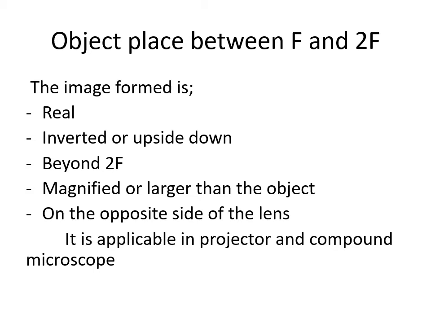And the image is on the opposite side of the lens. The special characteristic here is that the image is magnified, larger than the object. This is applicable in the projector and compound microscope. That is how the device is designed.